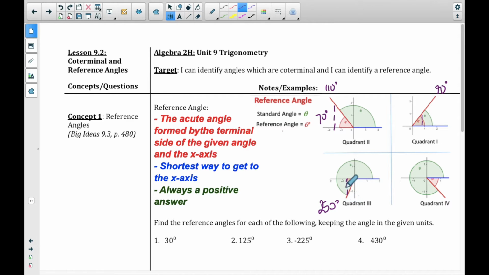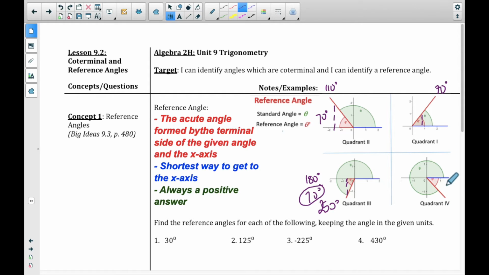If I wanted to get back to the x-axis, how far would I go? Well, this is 180 degrees. Accidentally, I keep picking 70. That's a total accident. But from 180 to 250 is 70 degrees. So my reference angle here would be 70 degrees.